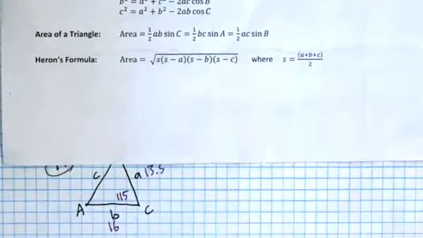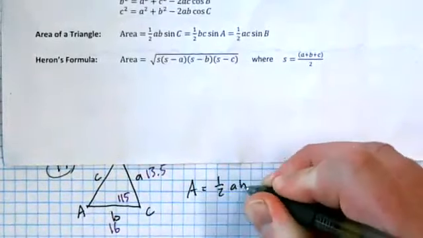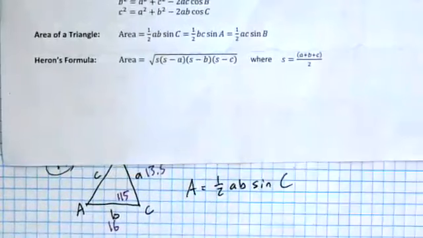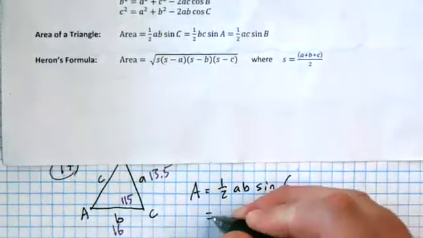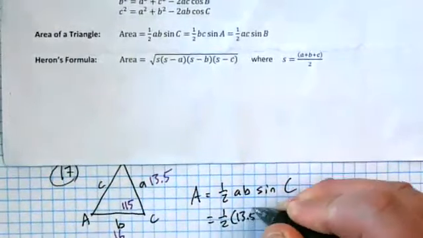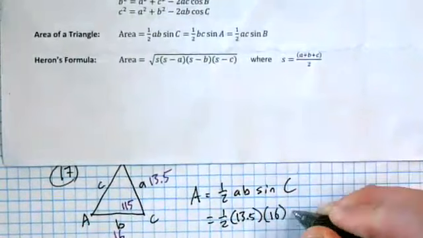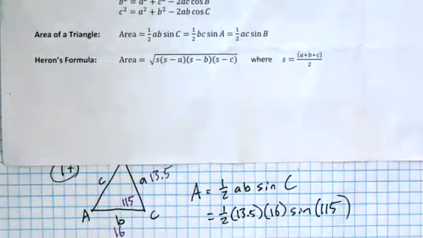The area, it says right on our sheet here that area is equal to 1/2 ab sine C. So all we got to do is plug numbers into it. a is 13.5, b is 16, C is 115 degrees. And then we reach for our calculator, we type that in and write down our answer, and we're finished. That's it.